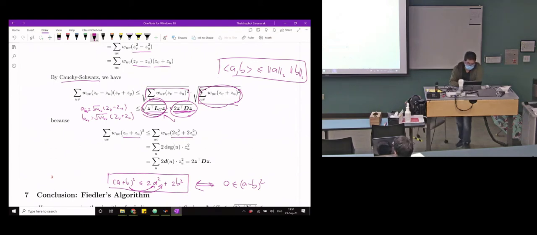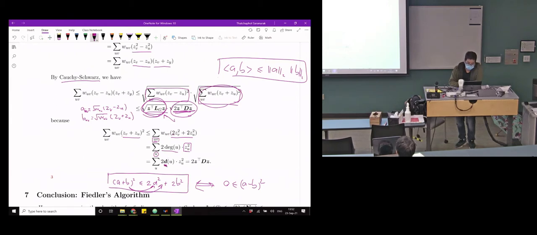But now it's easy to see that this is the same thing as summing over all nodes u instead of summing over all edges. How many times do you count the z_u square? It's the same as summing over all edges incident to u, times 2. So that's why you have 2 times degree here. I just write degree as d.